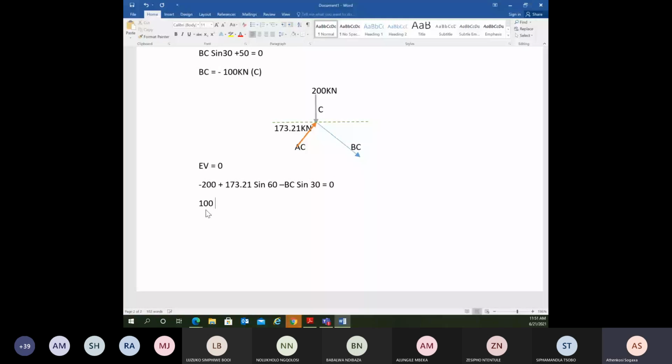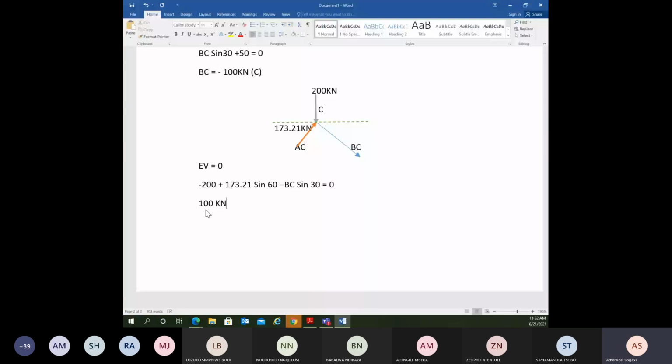Now you will say negative 200 plus that 173.21 sine 60, you calculate. 173.21 sine 60, that is 150. Then plus negative 200, that is 150 minus 200.